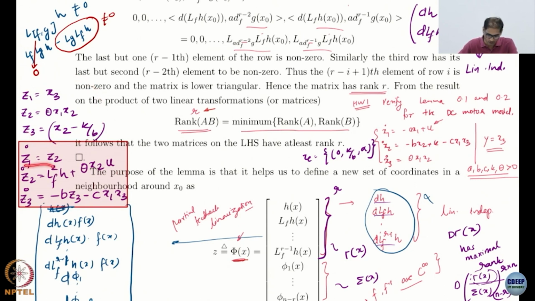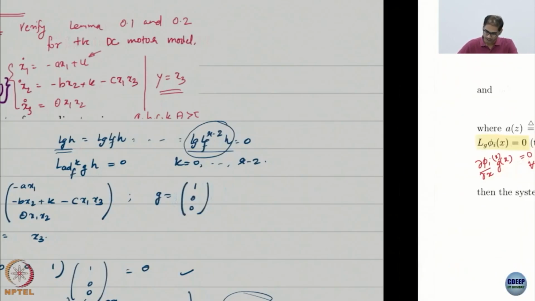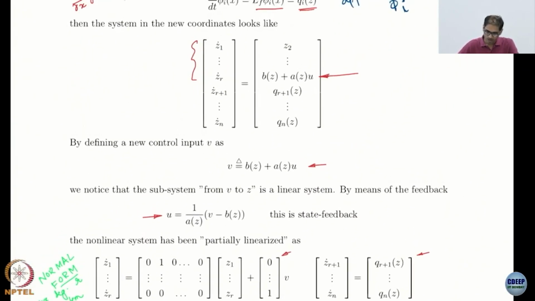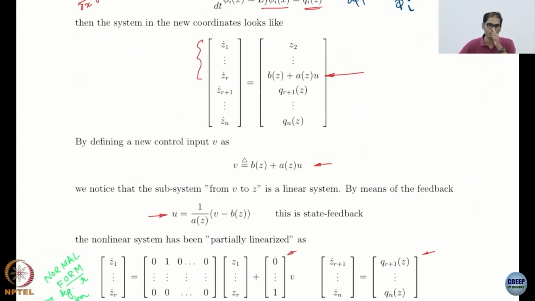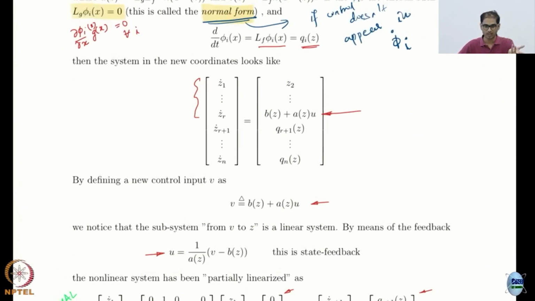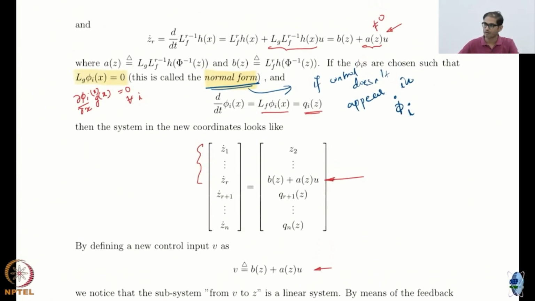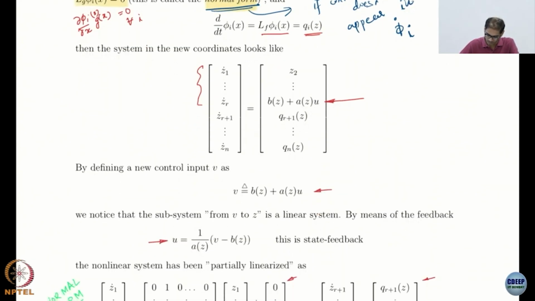It gives you z1 dot is z2, z2 dot is this expression, and z3 dot is this, and notice the control does not appear here. So that is how you get to the normal form: in addition to trying to get a diffeomorphism, you make sure that in the derivative of the extra states, the phi states, the control does not appear.